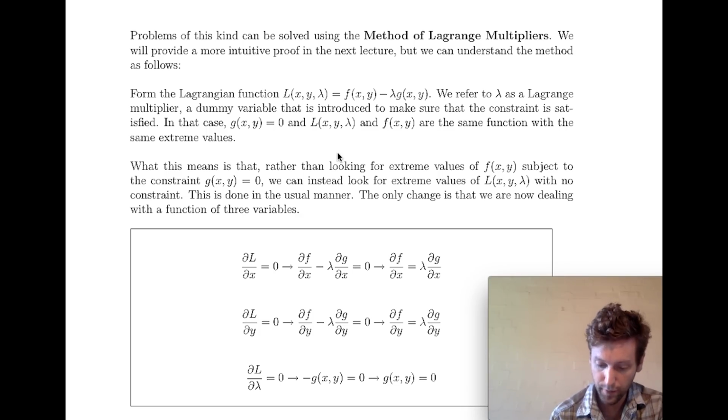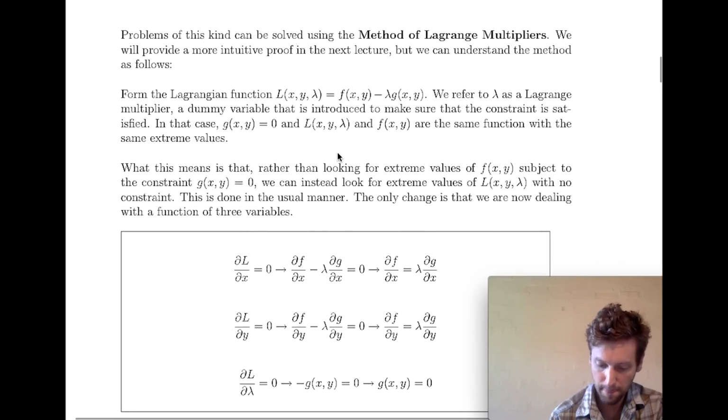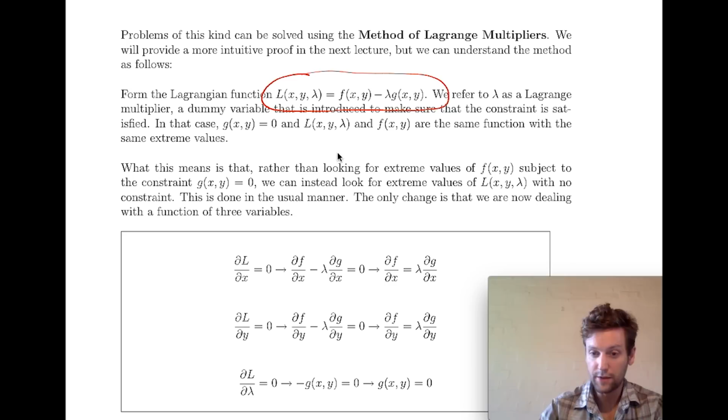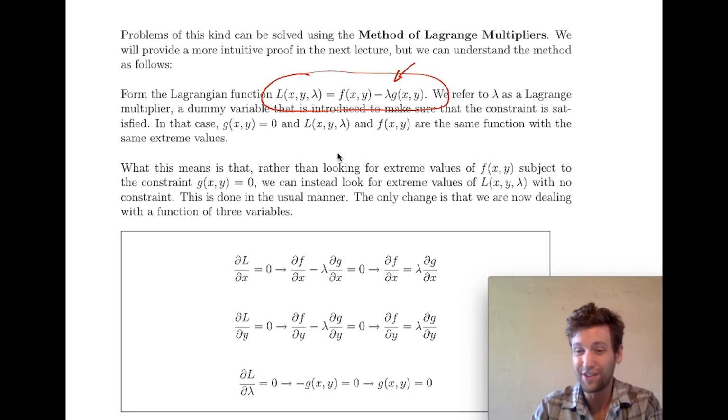We're going to form a new function, L. It's going to be made up of f of x and y and I'm going to subtract from that lambda times g of x and y. So again, f of x and y is our objective function. It's our function that we're looking for the maximum and minimum values of. And g of x and y is our constraint.